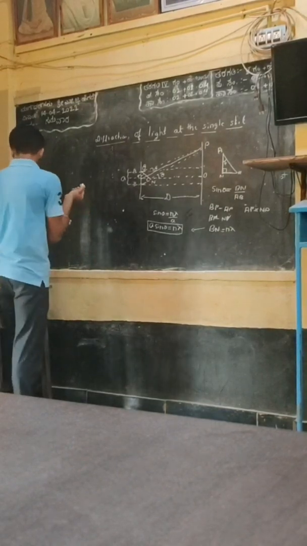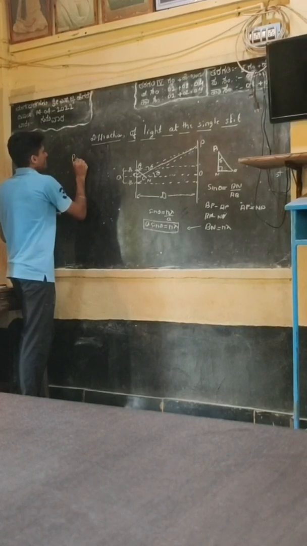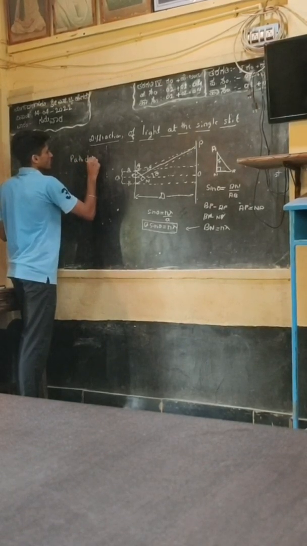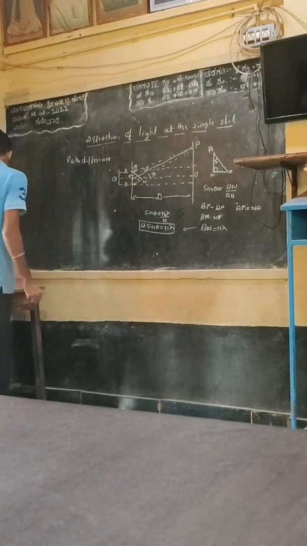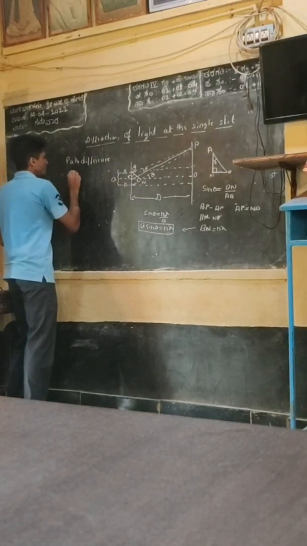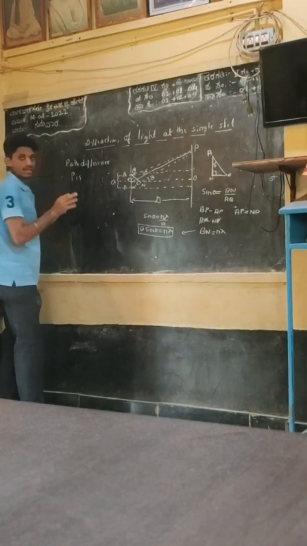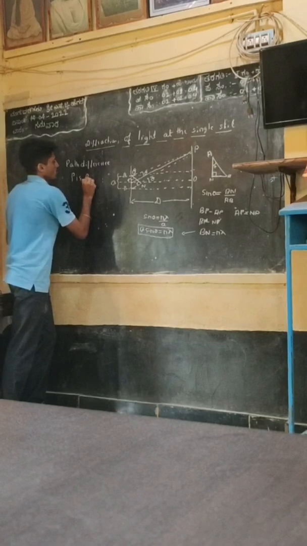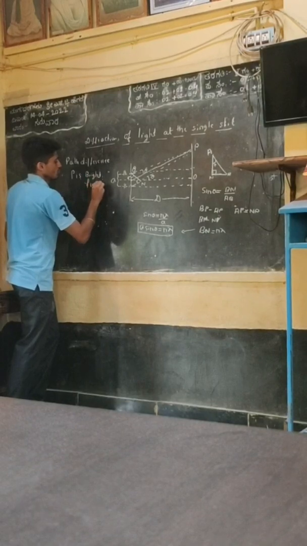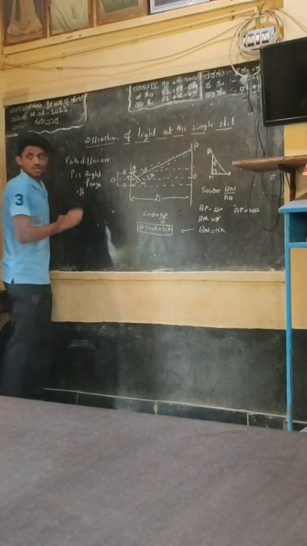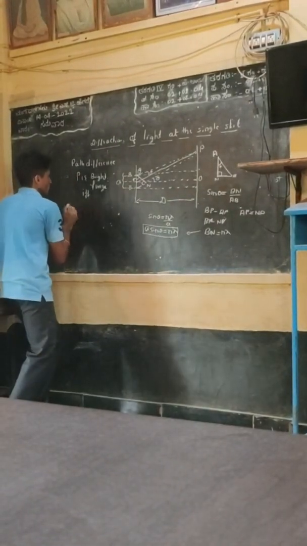So by taking this equation, the path difference can be noted at the point P. P is a bright fringe if and only if there is a formula.